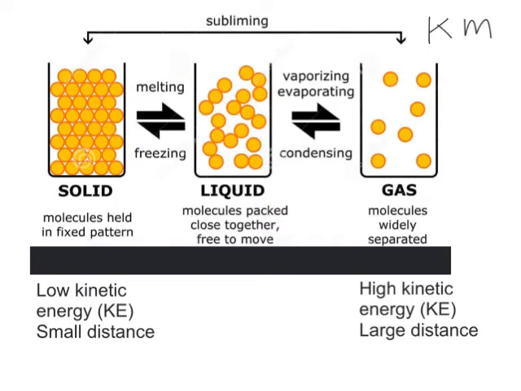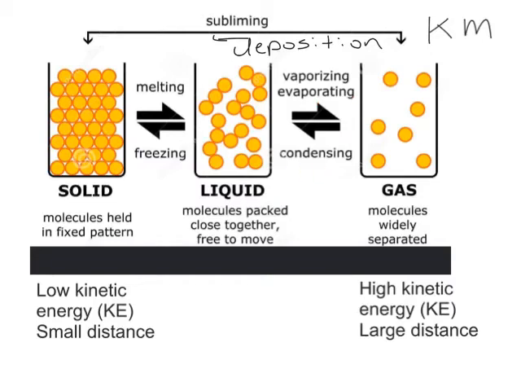Hopefully these are all terms that you already know. Subliming might be a new one. That's the direct conversion from a solid to a gas. I would also add that gas back to a solid is called deposition. But most of these other terms should be ones that you're familiar with: melting, freezing, evaporating, vaporization, condensing, all of those conversions.